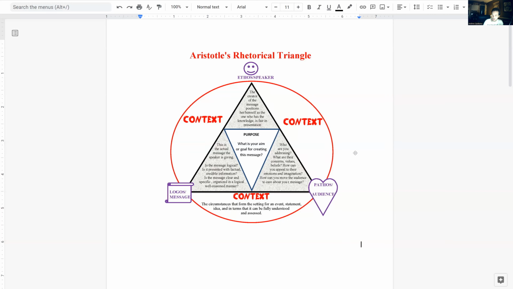We've measured atoms, they tend to do this, therefore they will continue to tend to do this. Those are like classical arguments. That's logos. Hopefully you've seen logical fallacies before. Things like slippery slope, ad hominem, things like that. Those are logos.